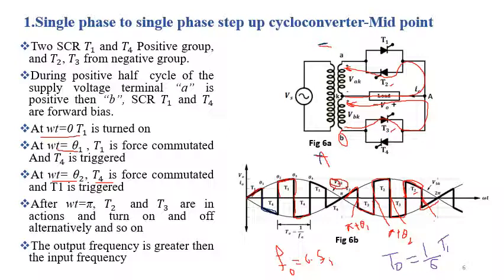We can clearly see that if we divide the input signal into 6 equal portions, this is one cycle, this is 2, this is 3, this is 4, this is 5, and this is 6. So we are achieving the output voltage signal having frequency 6 times the source frequency, or the time period 1/6 of the input signal.